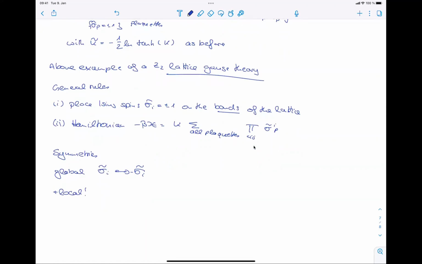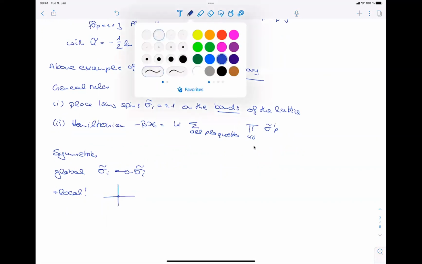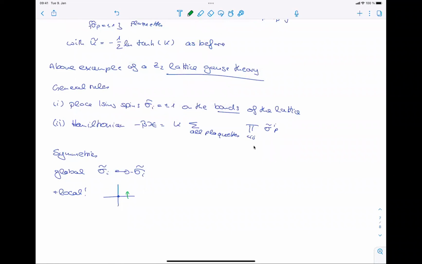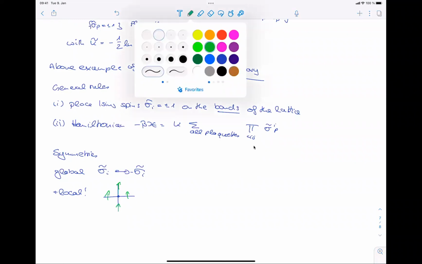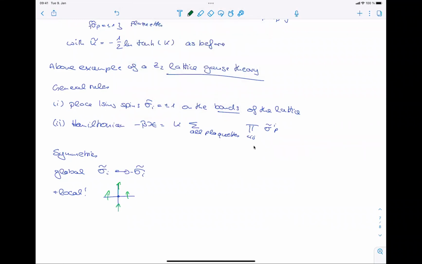Okay, let me take, so this is my lattice side, and these are my spins put on the bonds, right? So what I can do now is, if I flip all of these spins emanating from a single bond side, then the energy is unchanged.